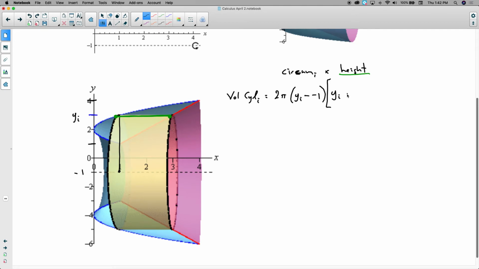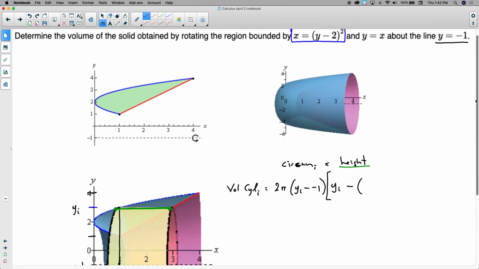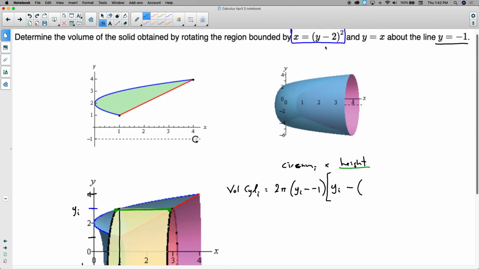Okay, then we're going to subtract from that. I always use parentheses, maybe even if I don't need them, because watch out for those minus signs. Okay, so now we need to know how far over we went when we were at height y sub i on the blue function. And that's exactly how this function is laid out. It's laid out so that it'll give us the x value when we put in some arbitrary height.